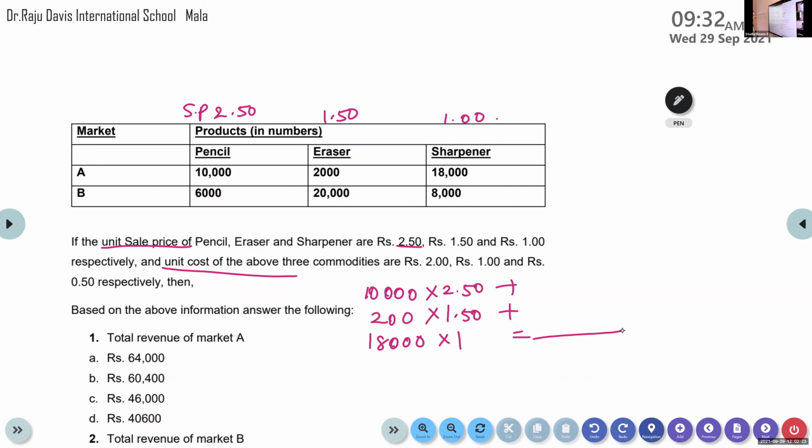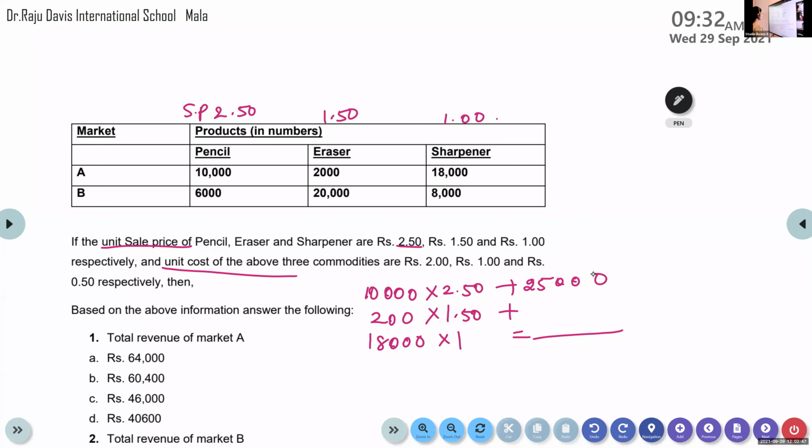So check your answer. 10,000 into 2.50. Aishwarya, what is the amount you got? 46,000. No, I'm asking each cost individually. What about for pencil? I got 25,000. It is 25,000, isn't it?